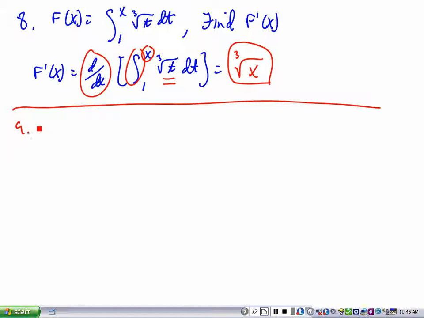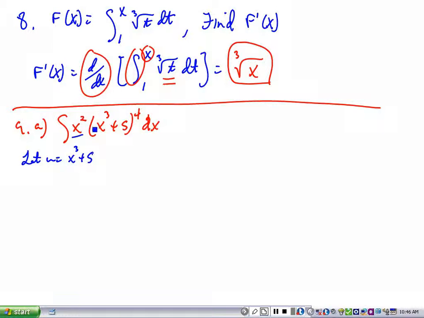Number 9, part A, you have the integral of x squared times x to the 3rd plus 5 to the 4th dx. You're going to use u du substitution. So let u equal x to the 3rd plus 5. Why is that?